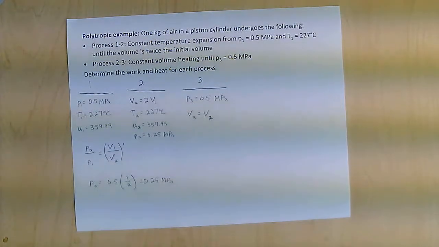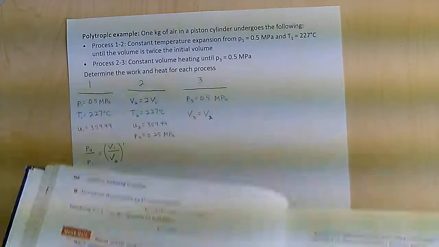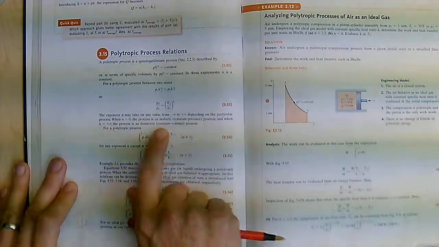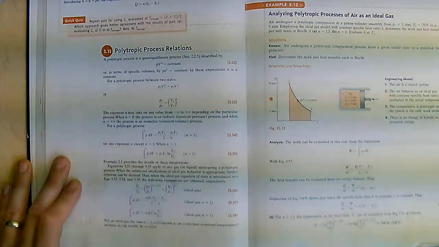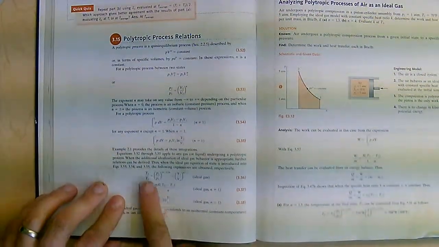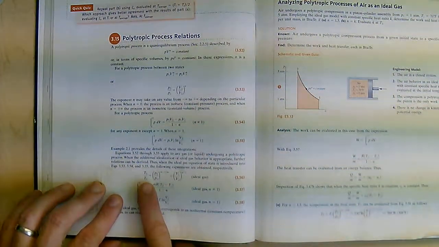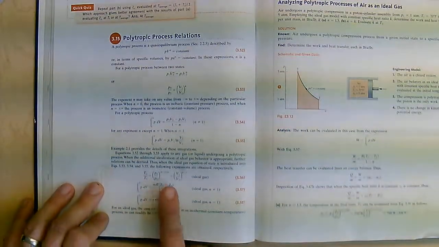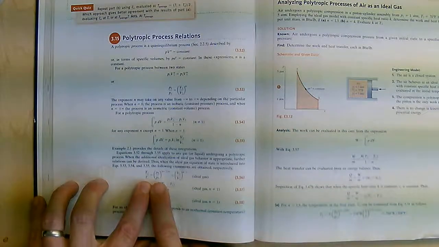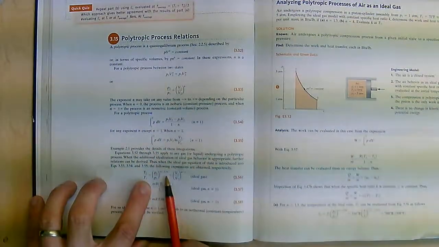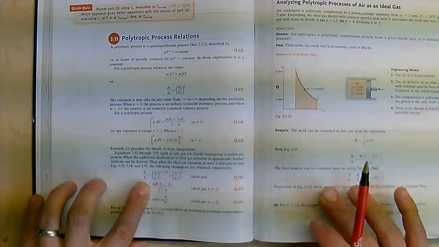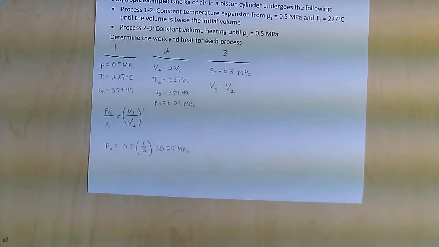Coming back here, this is a constant volume process, and for a constant volume process, N essentially equals infinity. Now, these equations are specifically for ideal gas, so I can relate my temperature to my pressure. If N is infinity, instead of N minus 1 over N, I have infinity over infinity, which is 1.